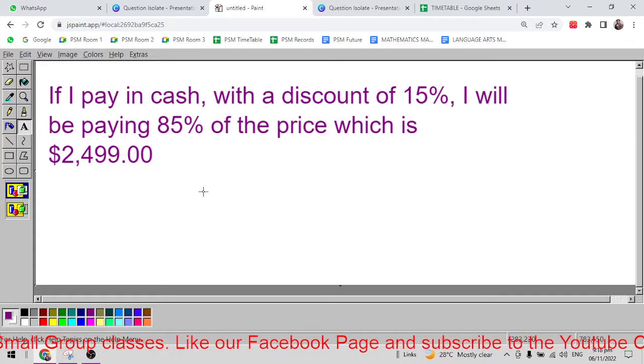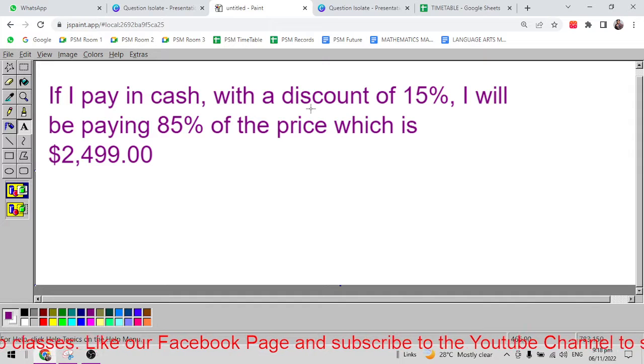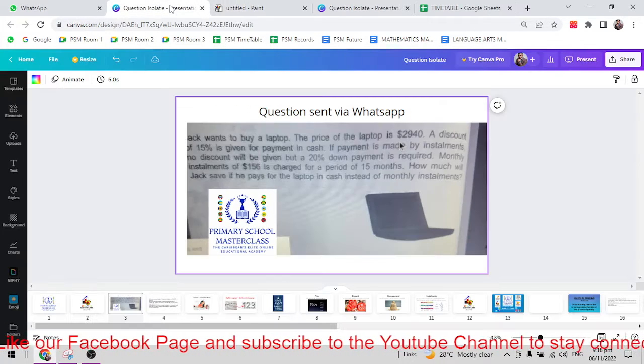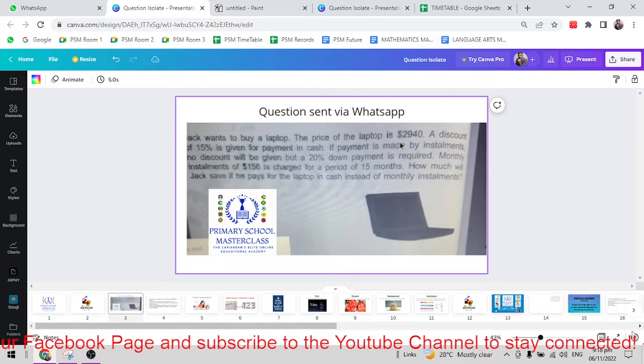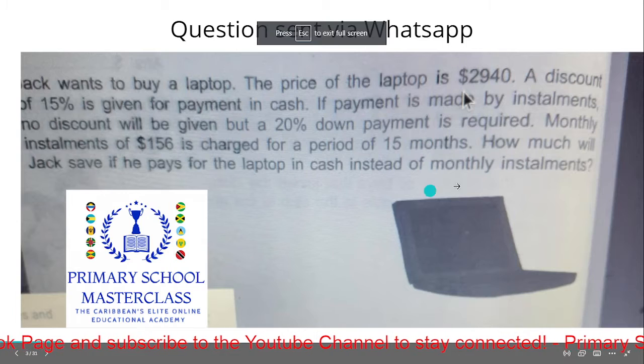All right, so remember that number. I write all my answers in purple. Okay, good. So $2,499 there. Moving on with the question now. So that is if I paid in cash for the laptop.